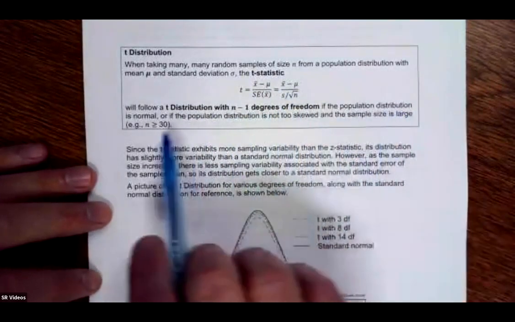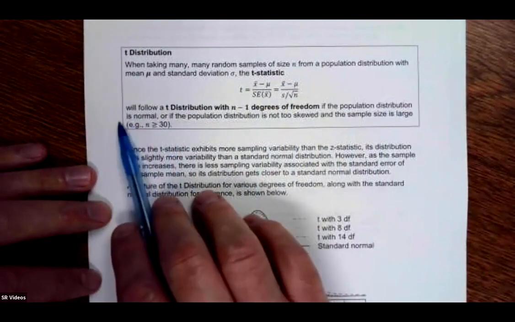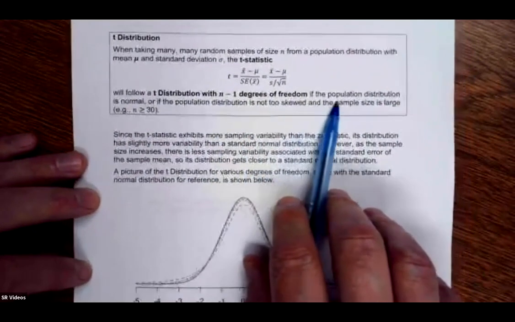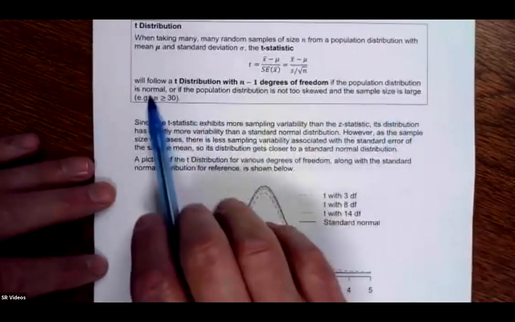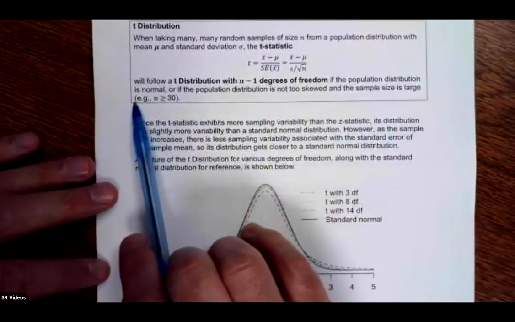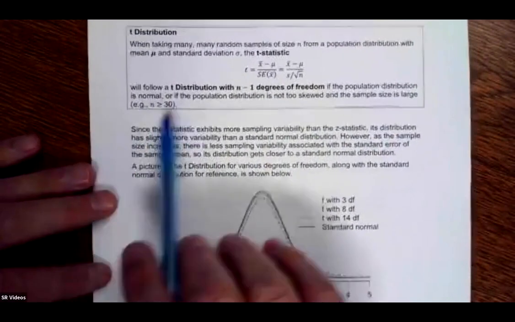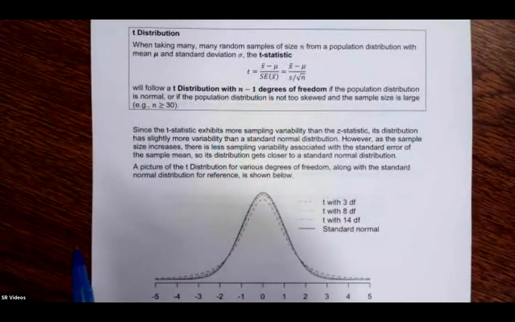If the population distribution is normal, so if your distribution you're starting with is normal, or the population is not too skewed, and again, your sample size is large enough, for all practical purposes in our course is going to be greater than or equal to a sample size of 30. So again, the t statistic is computed very similar to the way you compute a z statistic.